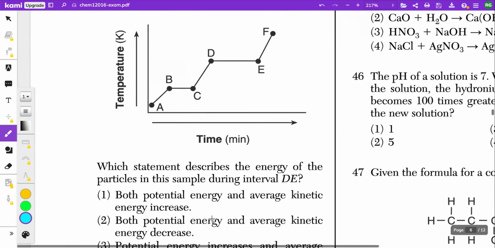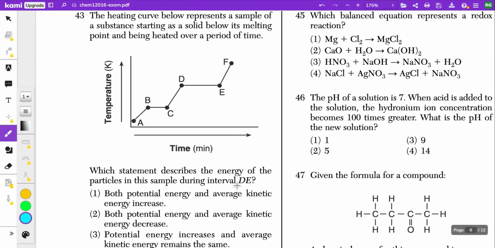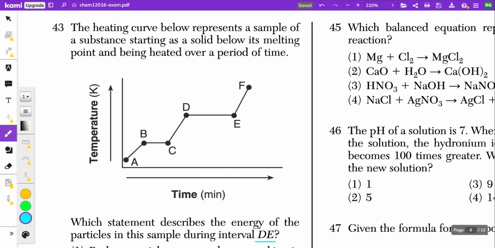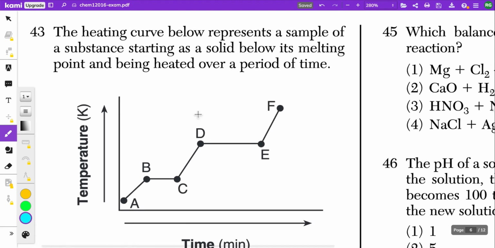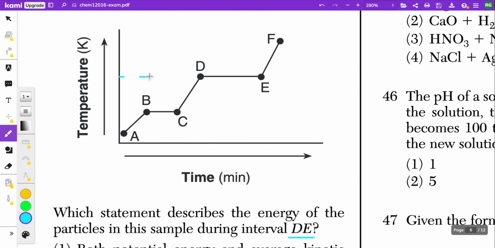Which sample describes the energy of the particles in the interval DE? Well, obviously, from the graph, even if you don't know what a heating curve is, if you look at DE, you'll know that the temperature is staying the same. It's staying constant. So because our temperature stays the same, the average kinetic energy is the same.